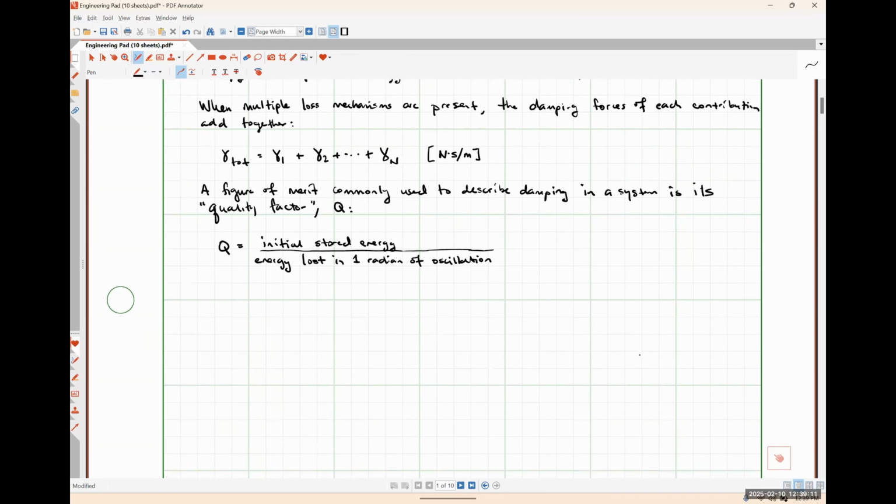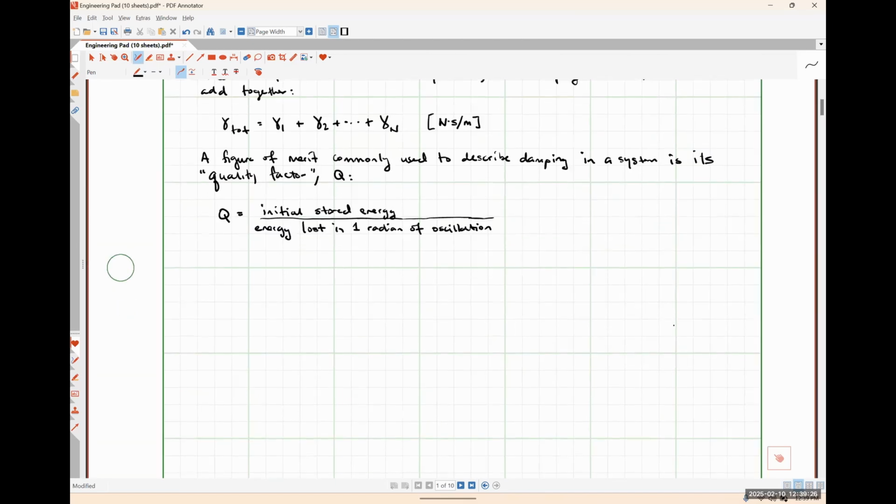So essentially, our damping coefficient and our quality factor are inversely proportional to each other, meaning that if we have a high degree of mechanical damping, we'll have a low quality factor and vice versa.